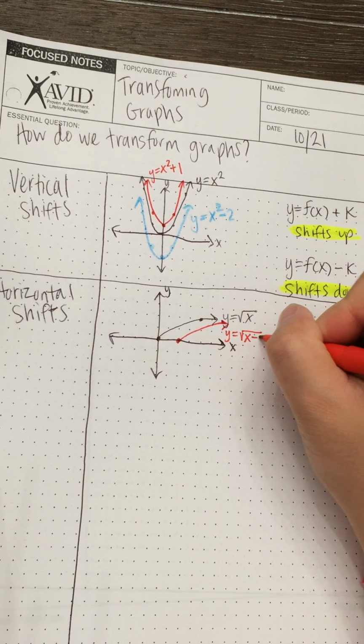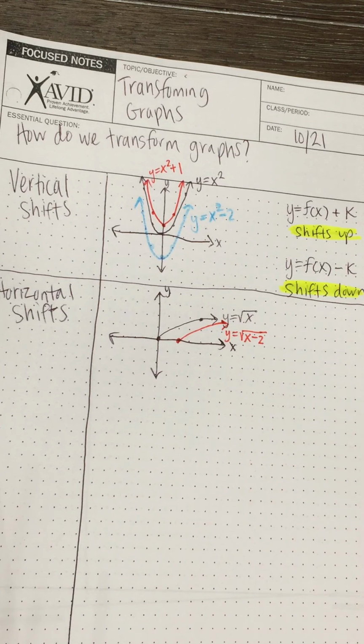If I do x minus 2. So the square root of x minus 2. And notice that it's inside and not outside. For example, if I wanted to shift up, it would have been the square root of x, close the square root, plus k on the outside. This is minus 2 on the inside. So minus 2 is to the right. Okay?